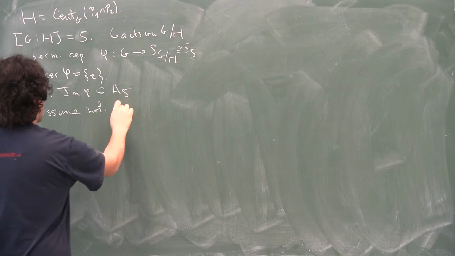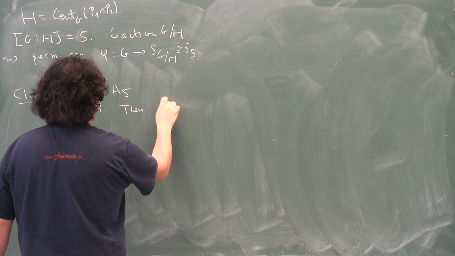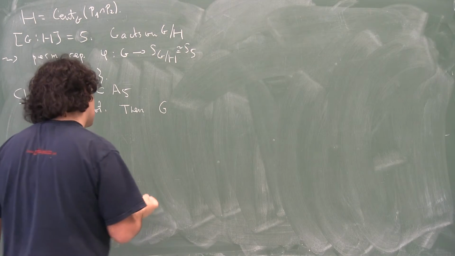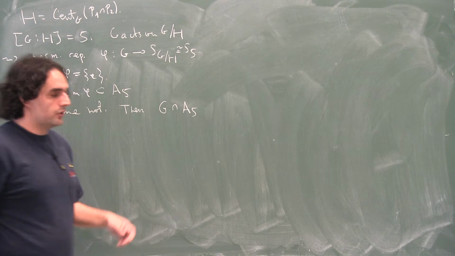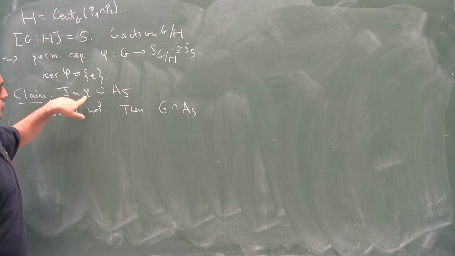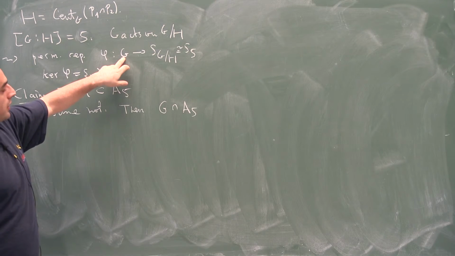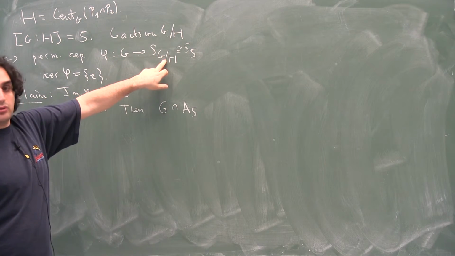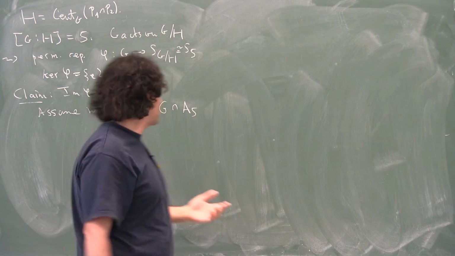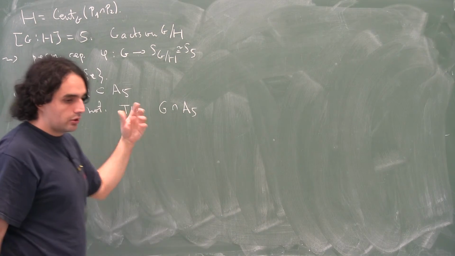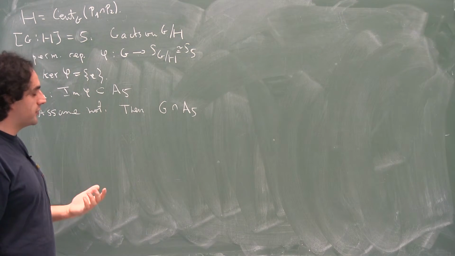Assume not. Then, because the kernel of phi is the identity, we can identify G with its image in S5. It has order 60. Now, A5 and G are competing subgroups of S5 of order 60.